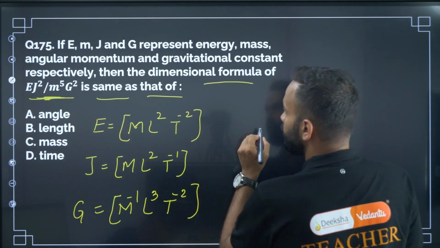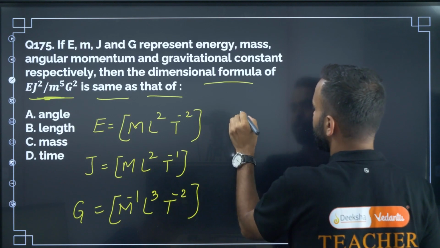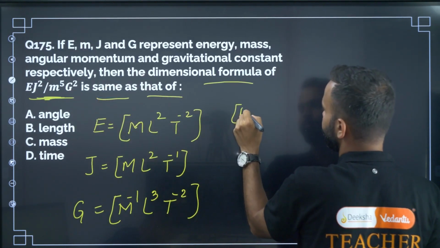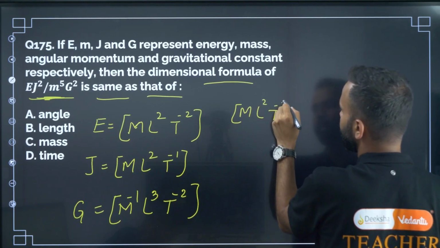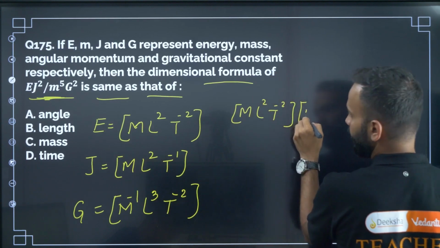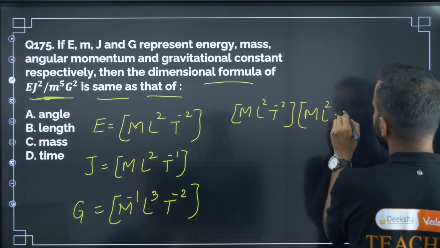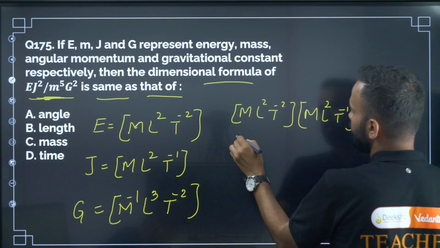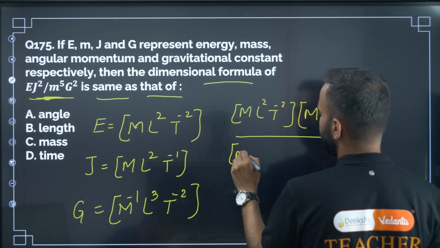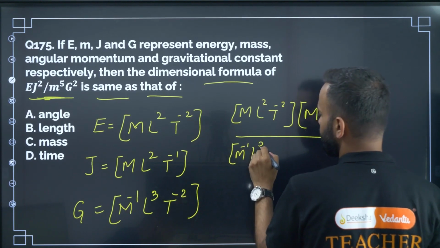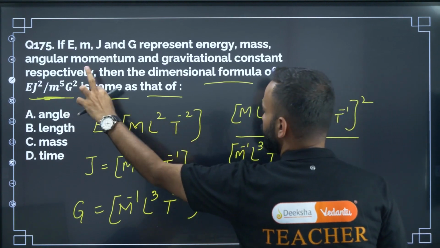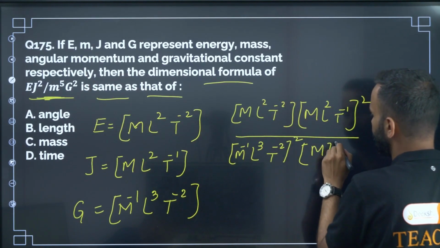Okay, so now the dimension formula of this one will be M L² T⁻² into J², so M L² T⁻¹ whole square, divided by G². G² is M⁻¹ L³ T⁻² squared into M⁵.